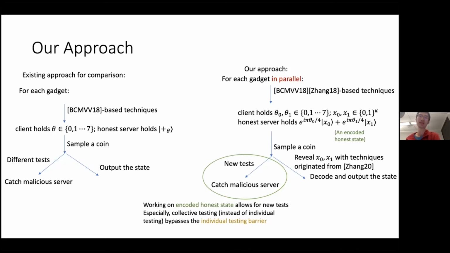This means the total error of all these protocols is not the sum of errors for each individual gadget, which bypasses the individual testing barrier discussed just now. And since we work on the encoded state instead of the plus theta state, this allows us to design various new tests that are not possible on the plus theta state.